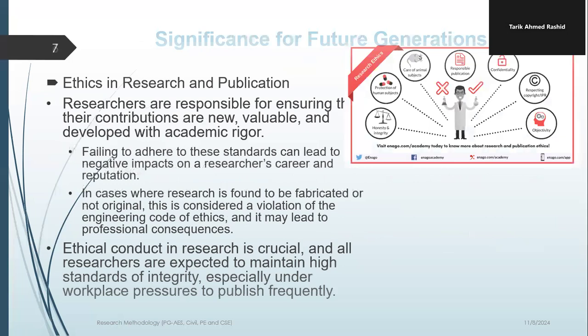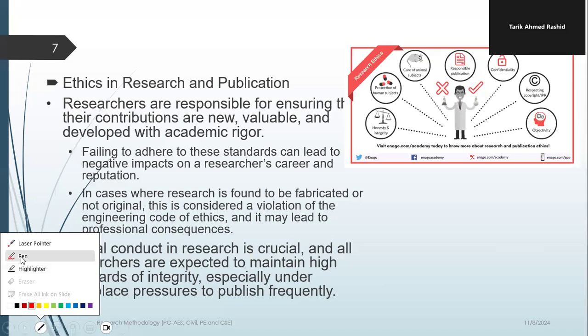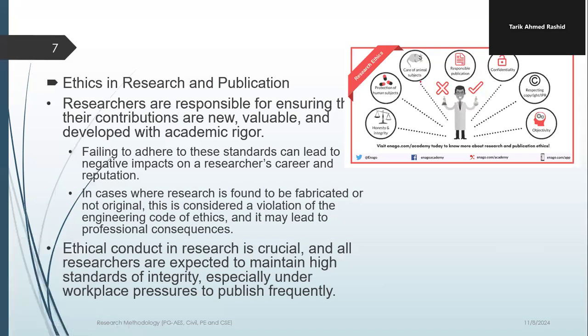Now, ethical concerns about research and publication. Research should have honesty and integrity, should protect human subjects, and should also care for animal subjects. It should involve responsible publication, confidentiality about data or the participants, and respecting copyrights.